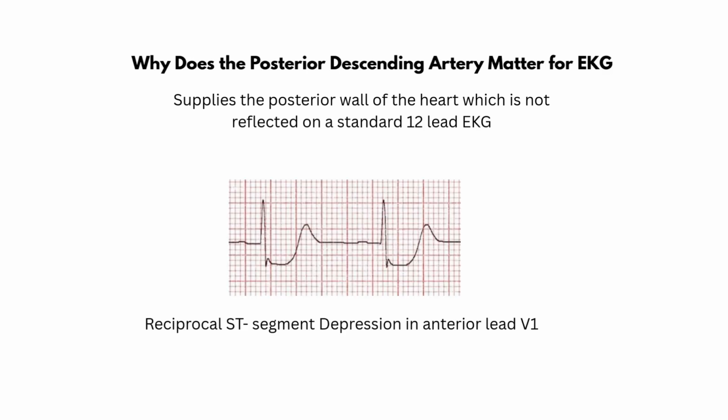Instead, we should look for reciprocal depressions in leads V1 and V2. Think of it as looking at the heart backwards. If you see a dip in the front leads, it might actually be a reflection of a myocardial infarction happening in the back, in the territory of the posterior descending artery.